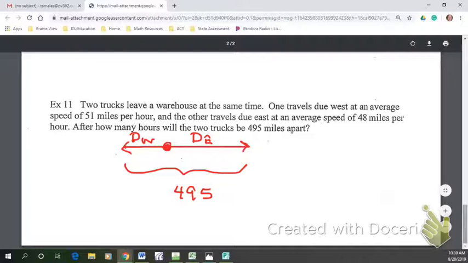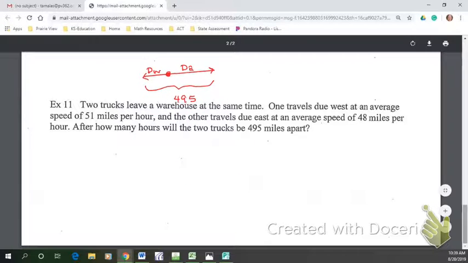Can you write an equation based on the picture? What would it be? D_W plus D_E equals 495. In other words, if you add this distance and this distance, you get this. Kira's distance plus Copenhagen's distance is equal to 495.